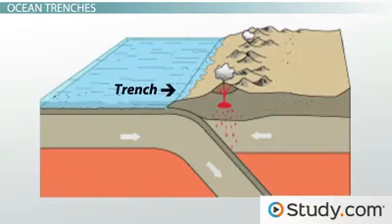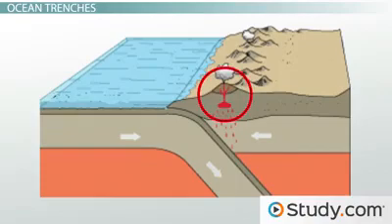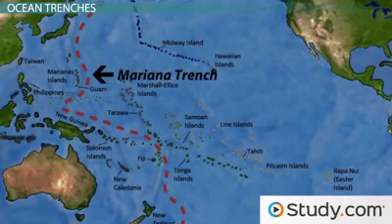When plates abut up against each other, one plate subducts or slides under the other, carrying rock down into the mantle where it is heated and can melt. This can increase volcanic activity near oceanic trenches. Trenches vary in depth, with the deepest oceanic trench being the Mariana Trench in the Pacific Ocean, which reaches a depth of over 36,000 feet.